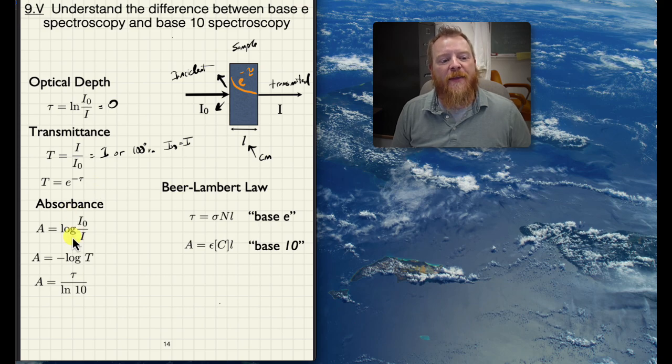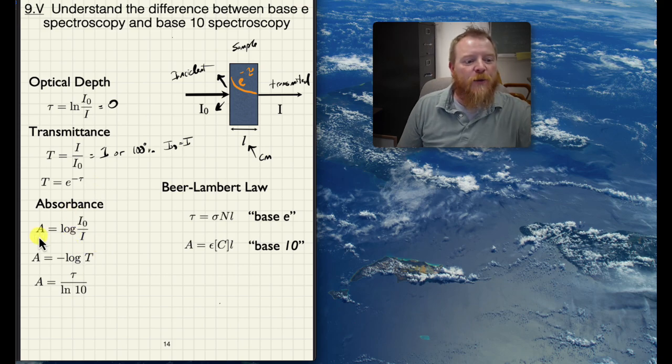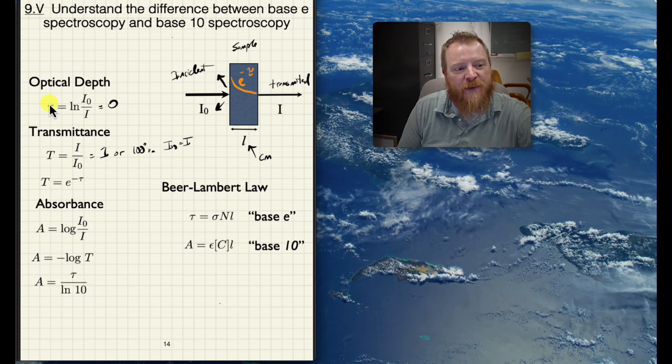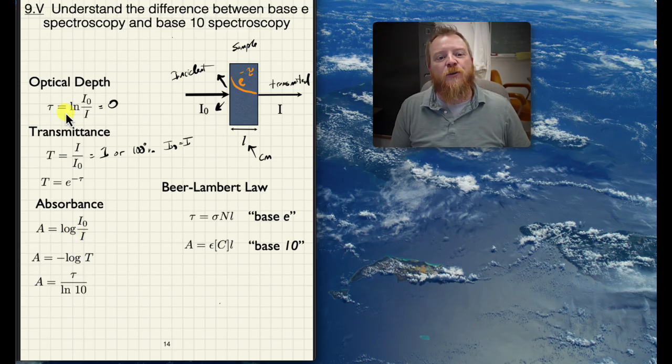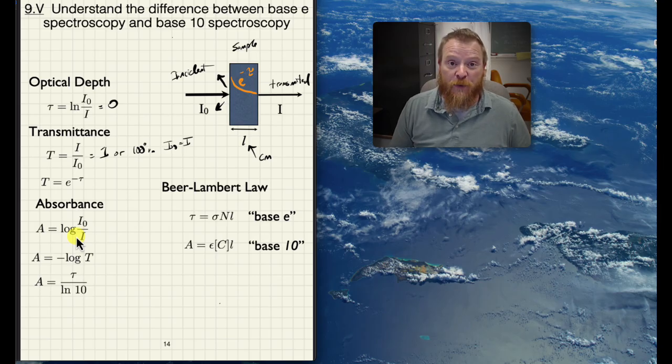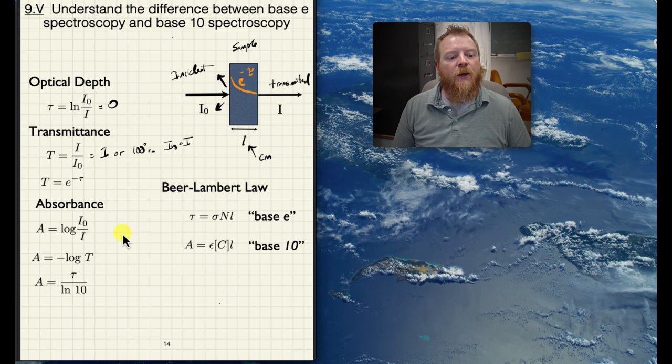So now if we think about how that compares to the absorbance, you can see the absorbance A and the optical depth tau are almost identical with the exception of a difference in the natural log versus the base 10 log. So the natural log is what actually happens naturally, but historically we've used the base 10 log because that's an easier calculation to perform, particularly if we didn't have a computer or a calculator, right? So we can also see that absorbance is related to transmittance in a similar way as transmittance and optical depth.